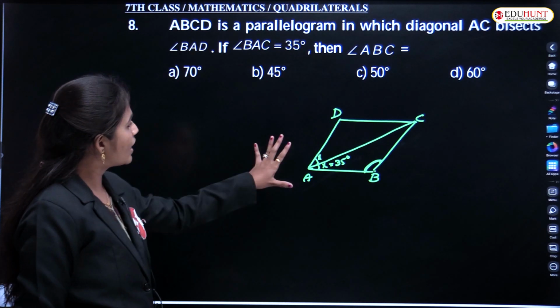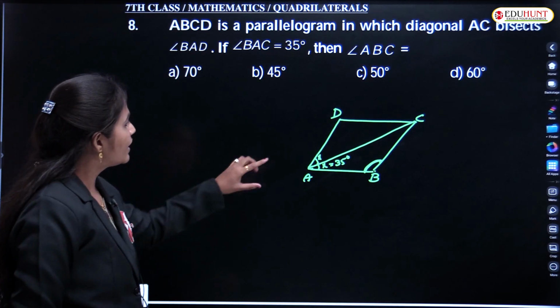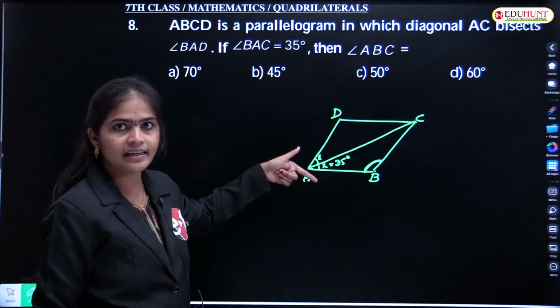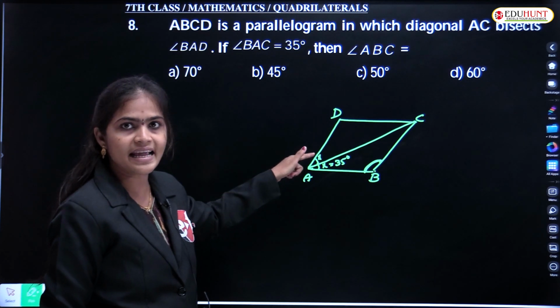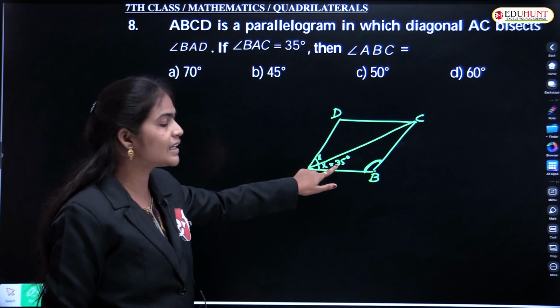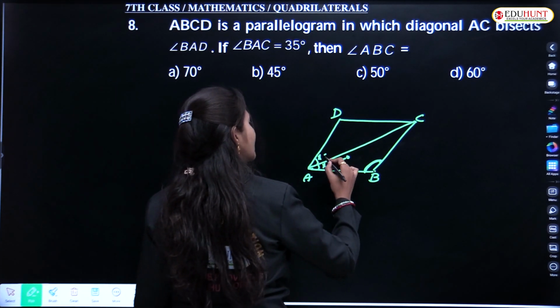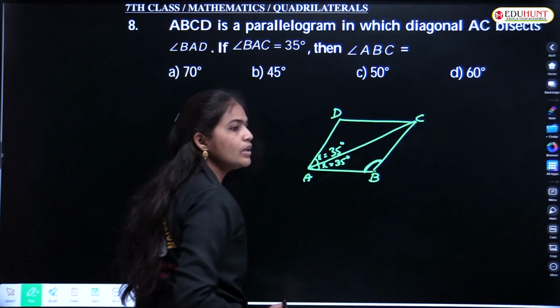Okay children, according to the given question, AC bisects angle A. So angle A is x and x. One of the angles they gave is 35 degrees, which means the other angle is also 35 degrees, why?